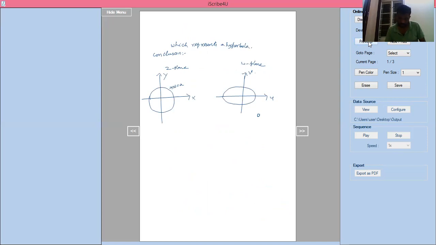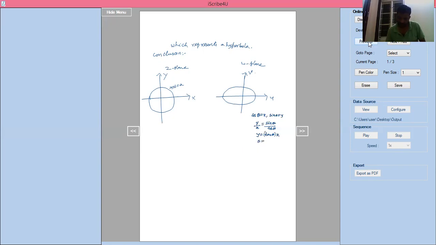Cos theta equal to x, sin theta equal to y. Now y by x equal to sin theta divided by cos theta, so y equal to tan theta into x. Tan theta is the slope.